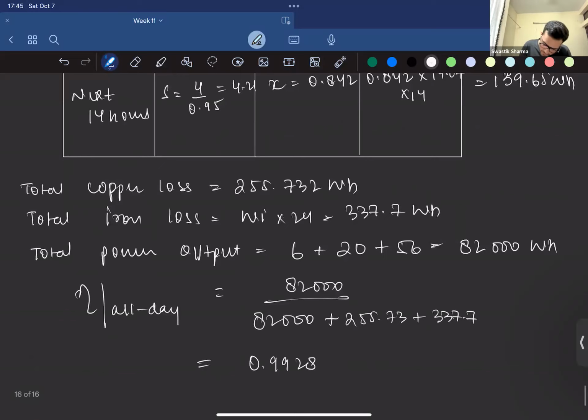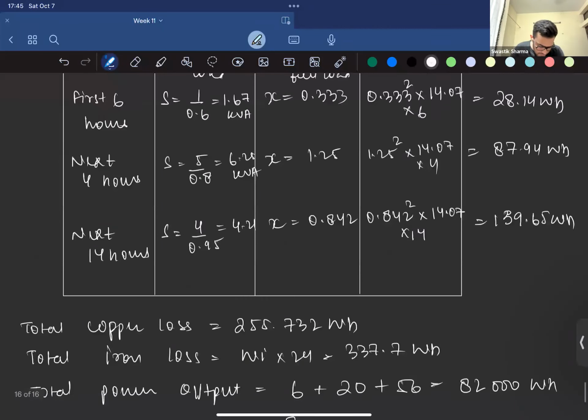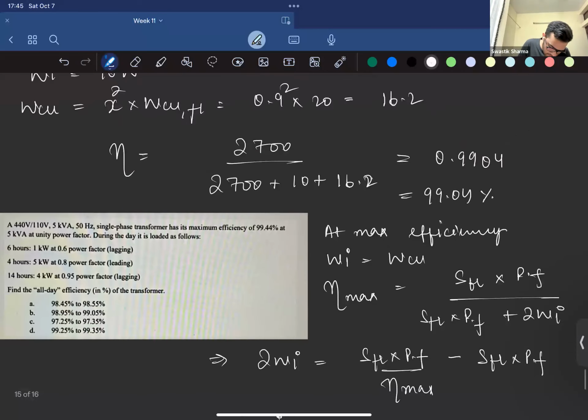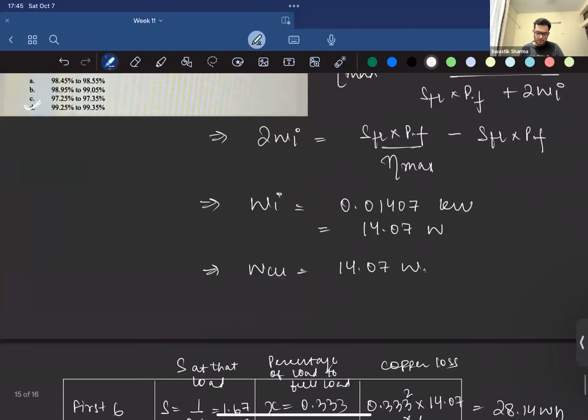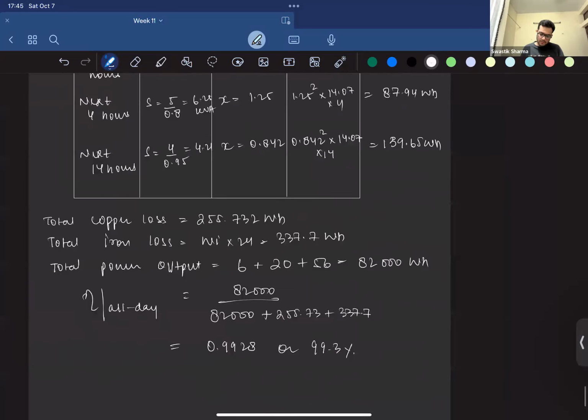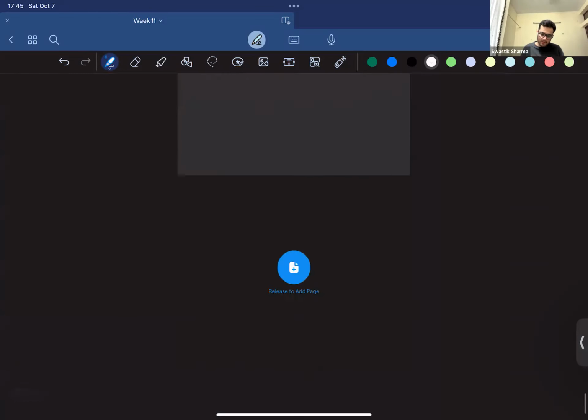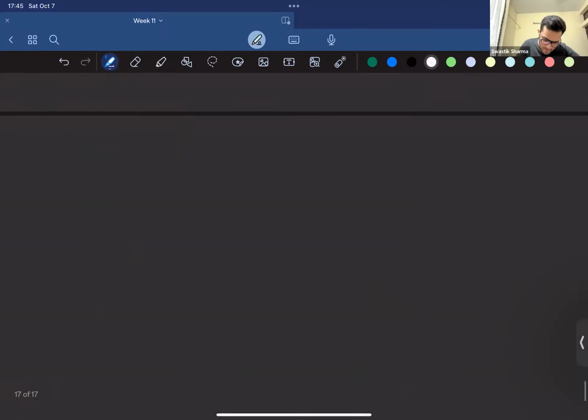It's 0.9928 or 99.3% efficiency. So we're getting 99.3% efficiency, which is D, right? So that's how you solve this question. Pretty straightforward. There's just calculations, right?